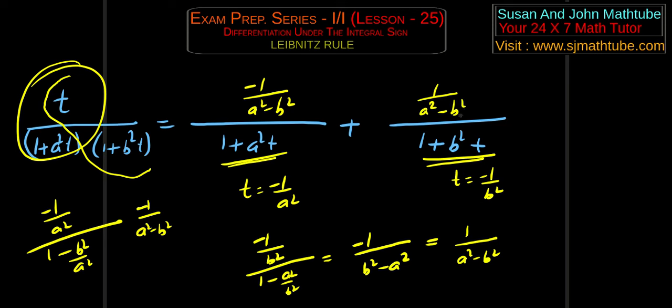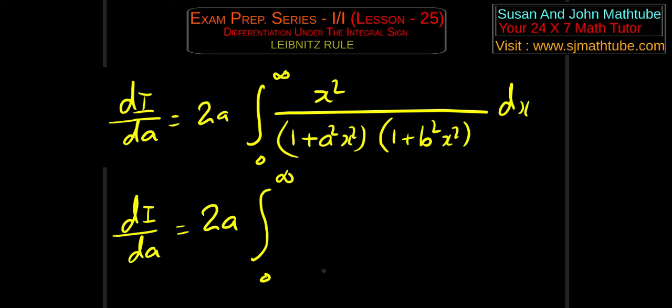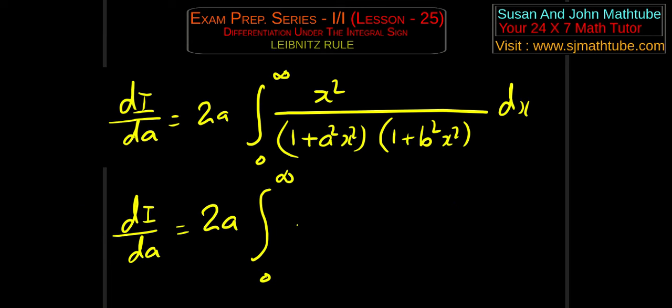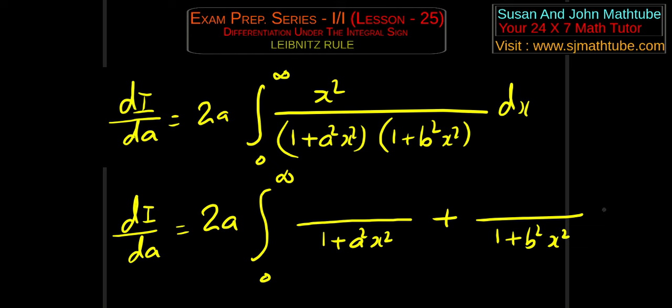See, we are ready with the answer. So I'm going to continue. Okay, now what we do is we use these values. So I'm going to write 1 plus a square x square plus 1 plus b square x square dx, and I take those values, minus 1 by a square minus b square plus 1 by a square minus b square.